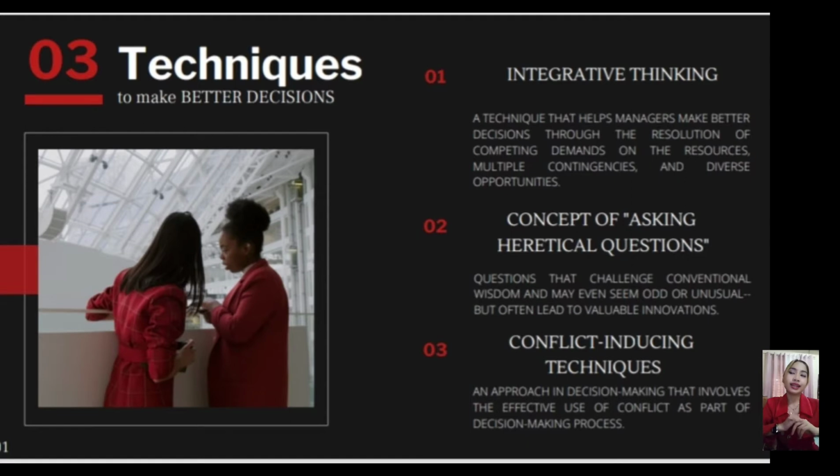So the first one is integrative thinking. The next one is asking rhetorical questions. Then the last one is the conflict inducing techniques. So before I start to discuss each of those techniques thoroughly, I will first give you an overview of those three.